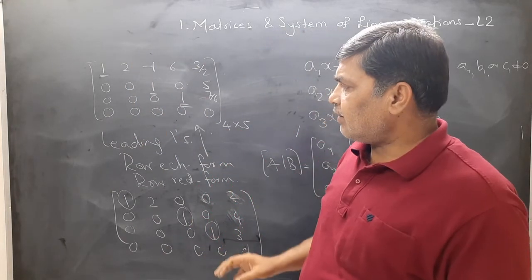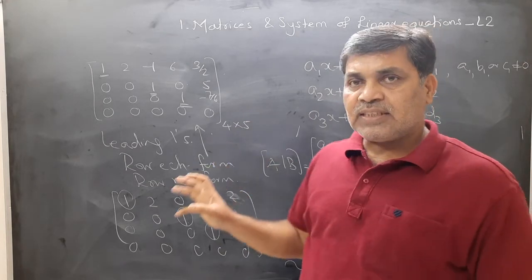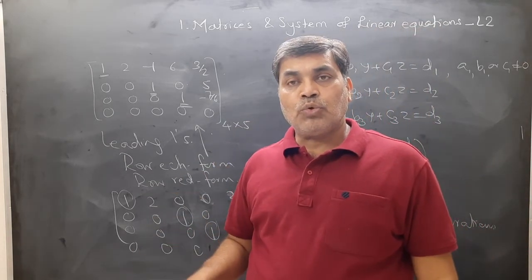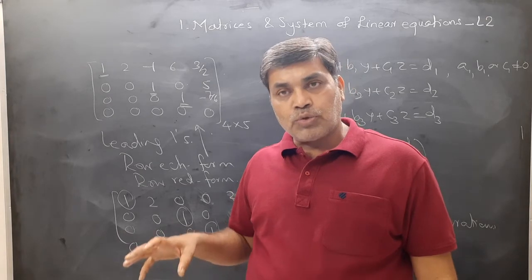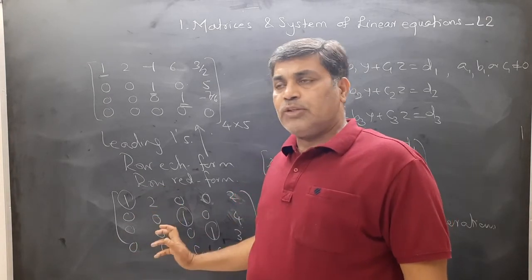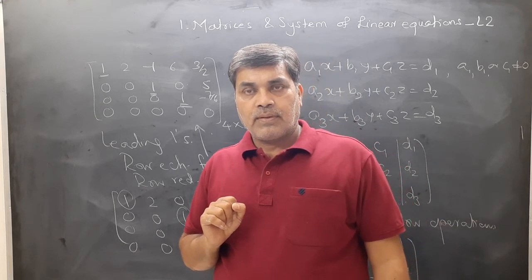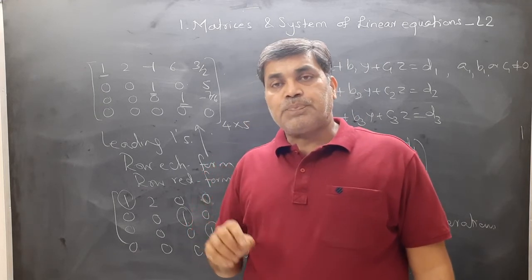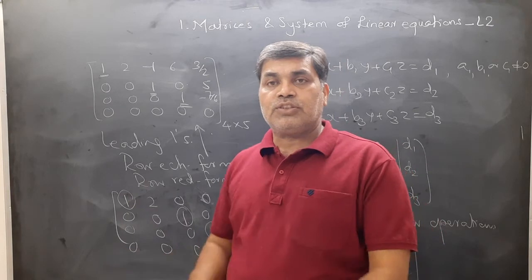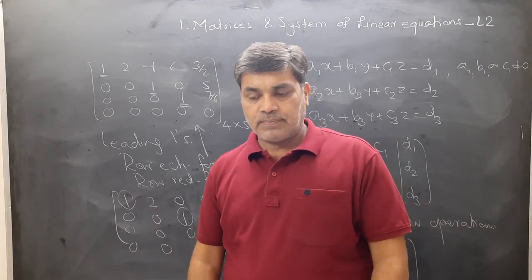Rank of each previous matrix is also 3. So what is the rank? Rank of matrix A is nothing but the number of non-zero rows in the row echelon form or row reduced echelon form of that matrix. And that rank is precisely equal to the number of leading ones of that matrix.